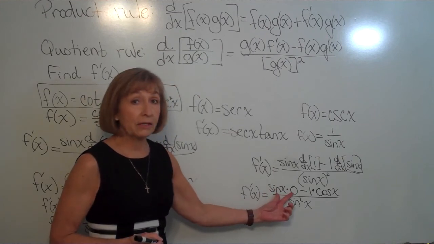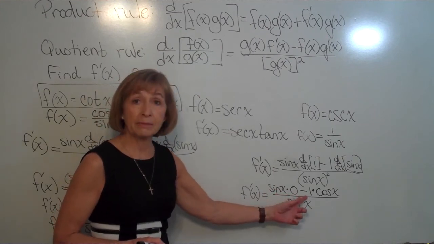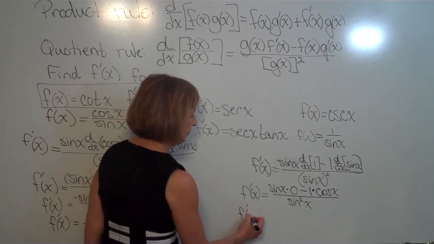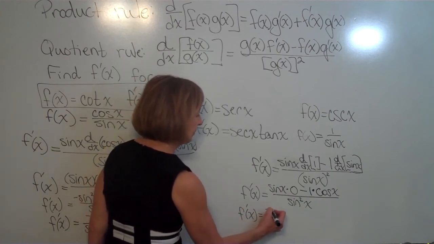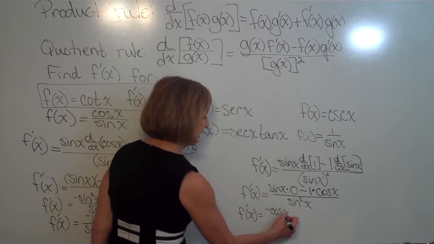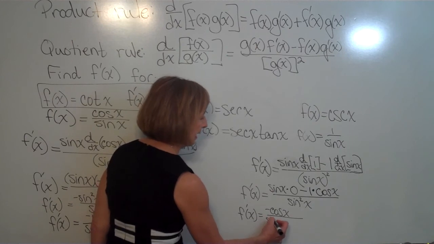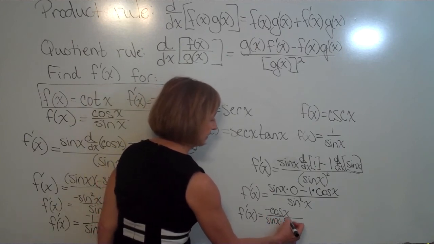So sine x times 0 is 0, and negative 1 times cosine x is a negative cosine x. So right now we have f prime of x is equal to negative cosine x over sine squared x. And again, I'm going to write my sine squared x as sine x times sine x.